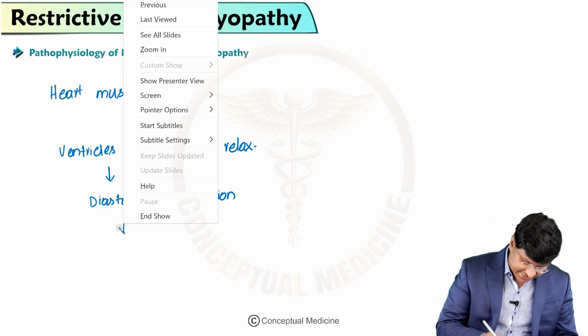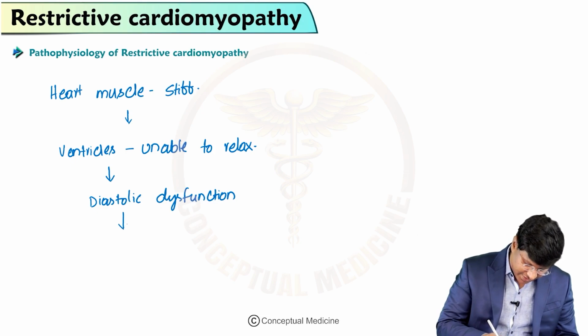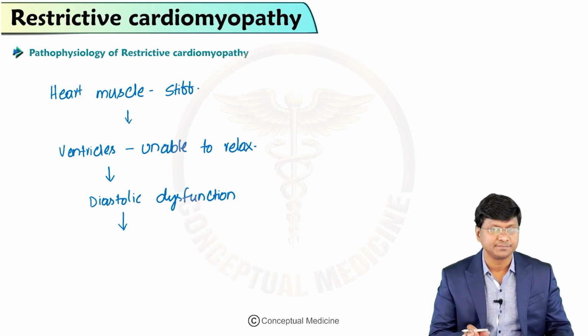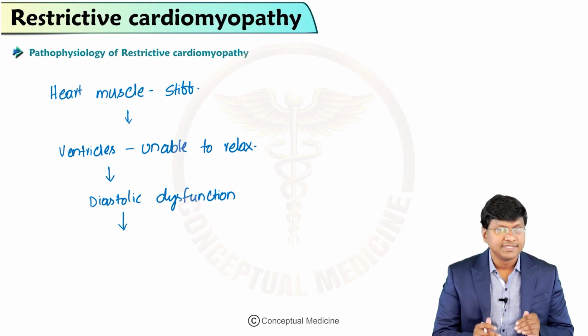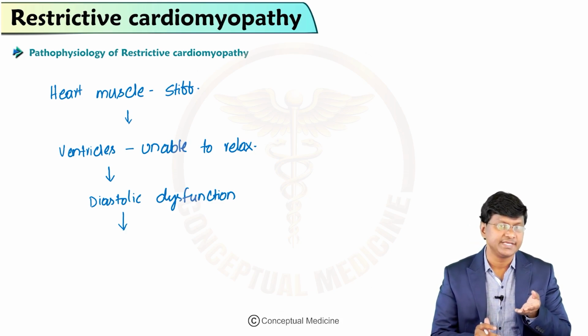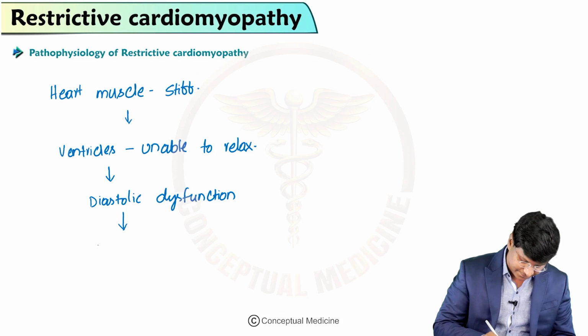Because there is diastolic dysfunction, they cannot fill at normal diastolic pressure. So the pressure within the ventricles increases precipitously with small increase in volume.